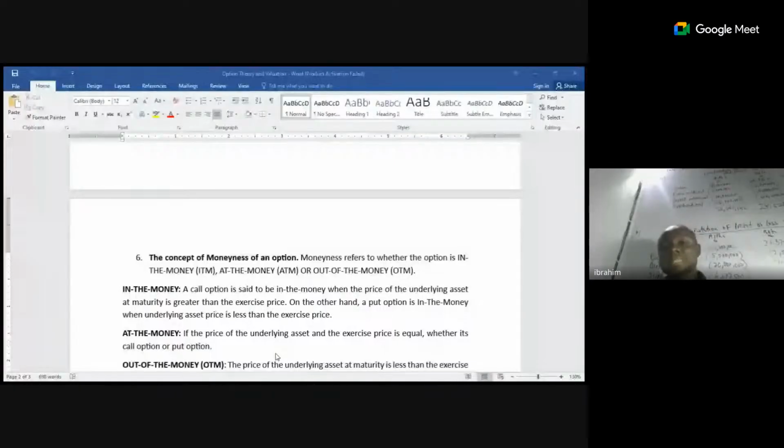If it is less than the exercise price, you are in the money. A put option is an option to sell. We will get there when we get to the put option. We still have what is called intrinsic value and the rest, right?